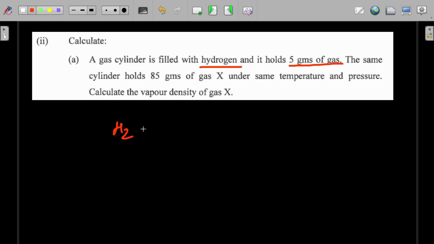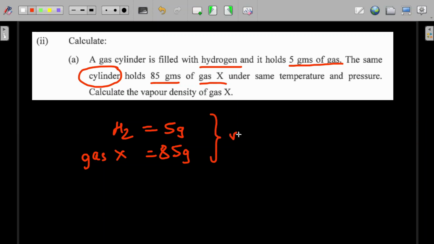The same cylinder holds 85 grams of gas X. Same cylinder means the volume is the same, under the same temperature and pressure.